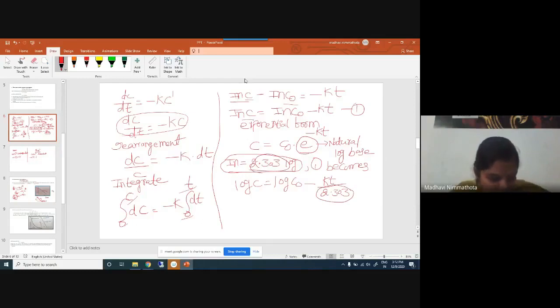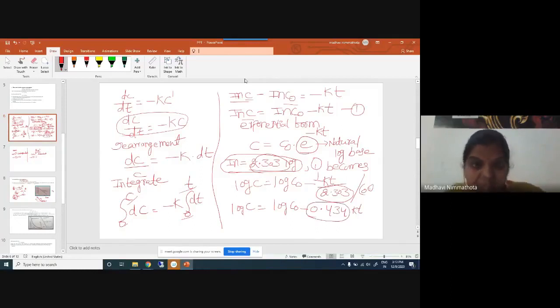So you can write log C equals log C0 minus 0.434 kt. One divided by 2.303 gives a value of 0.434. Remember it.